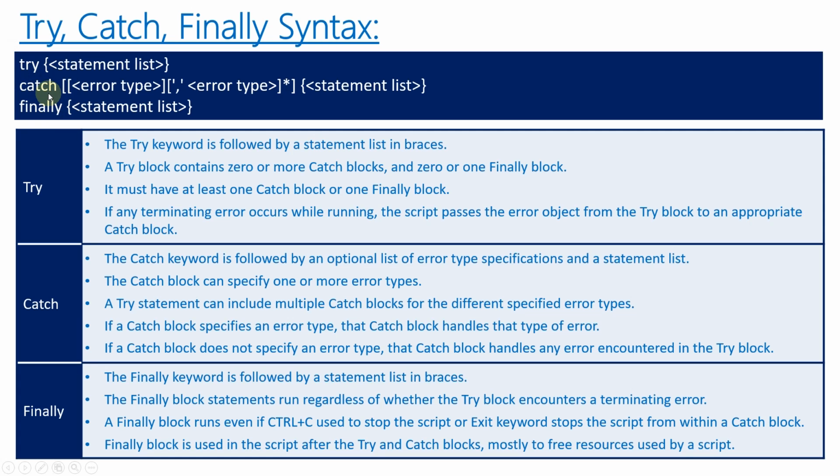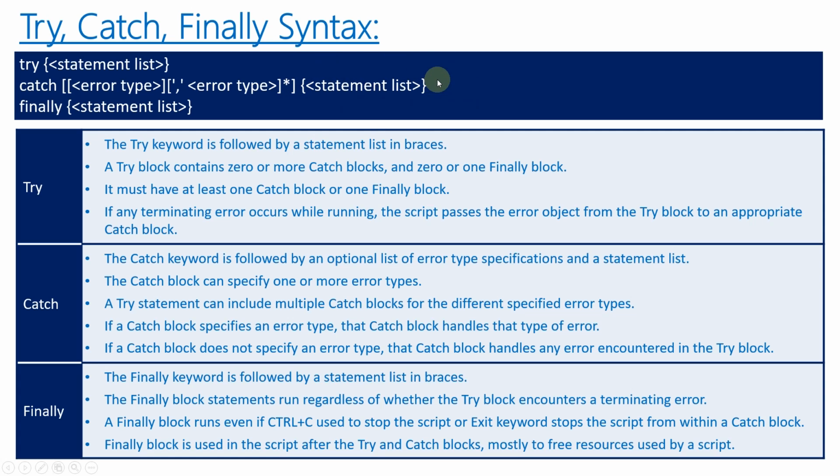We write a statement list enclosed in braces for each of these. In catch we have one more option: we can specify the error types, but this is optional. Either we can use this or we can just write the statement list enclosed in braces.